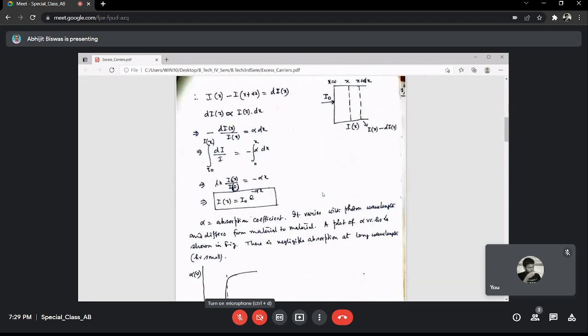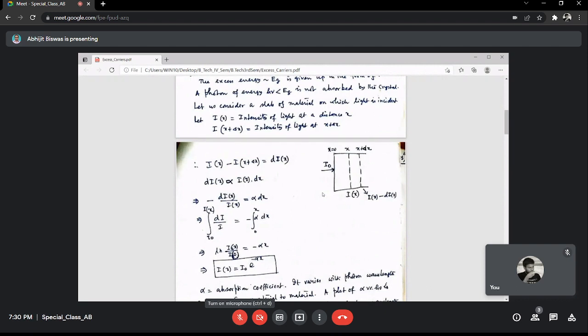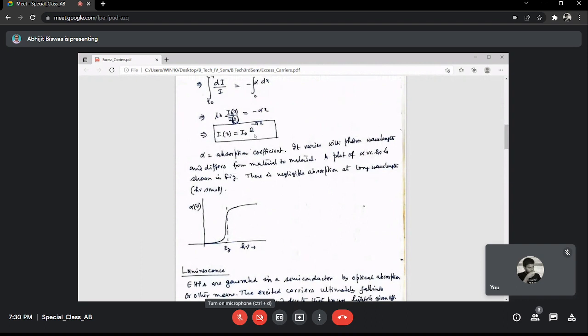If you go through how absorption takes place in a semiconducting material, it follows an exponential law: I(x) is the intensity at a point x, I0 is the intensity when the radiation is incident at the surface of the semiconducting material, and it follows this exponential law, e to the power minus alpha x, as this photon moves inside the material.